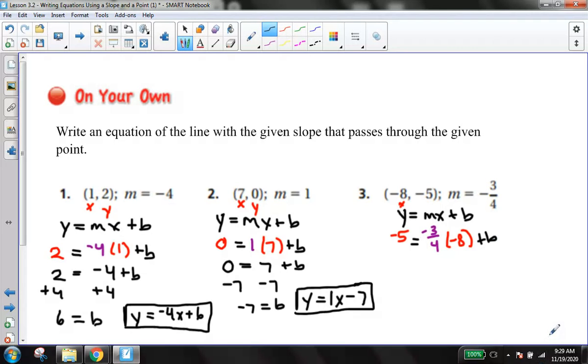So -3/4 times -8 is +6. And I'm rewriting everything else. I'm going to subtract 6 from both sides to get b by itself. -5 minus 6 is going to give me -11 for my answer for my y-intercept. So my equation is going to be y equals -3/4 x minus 11.